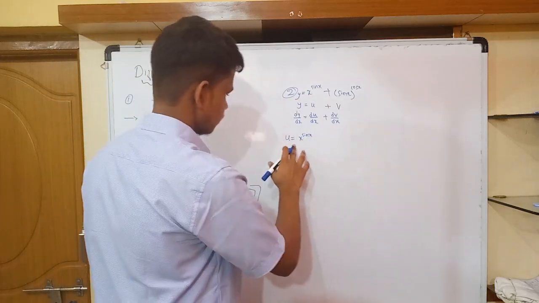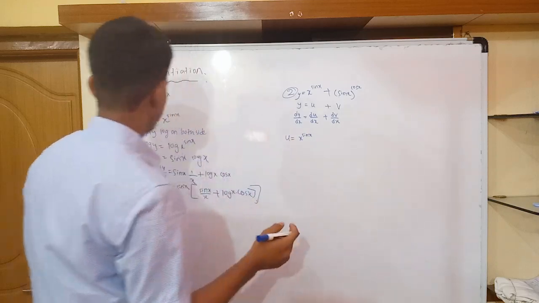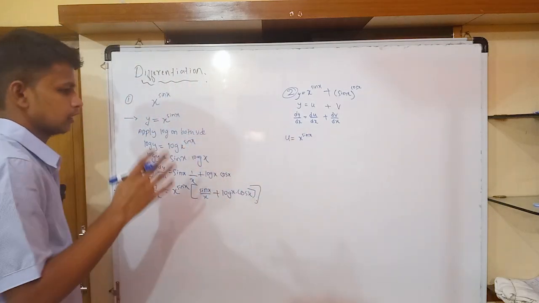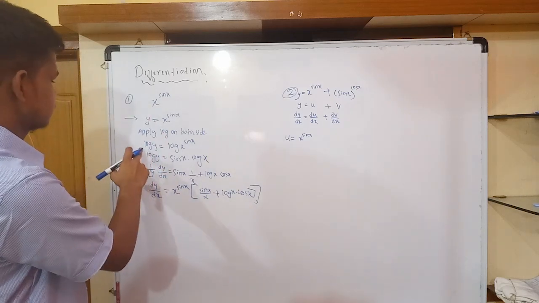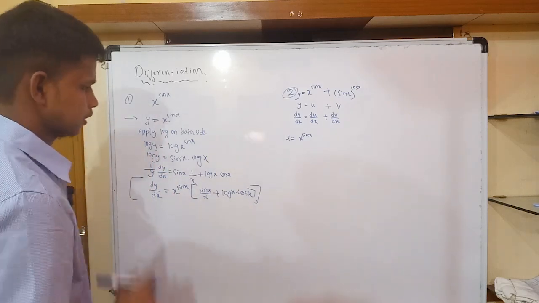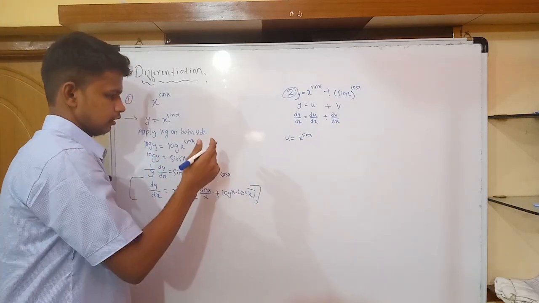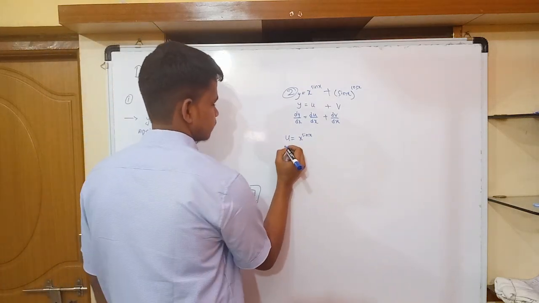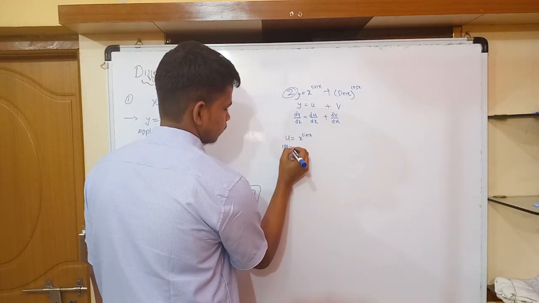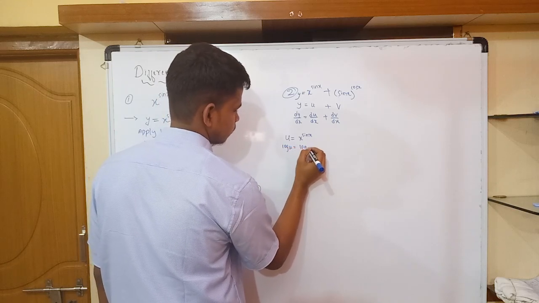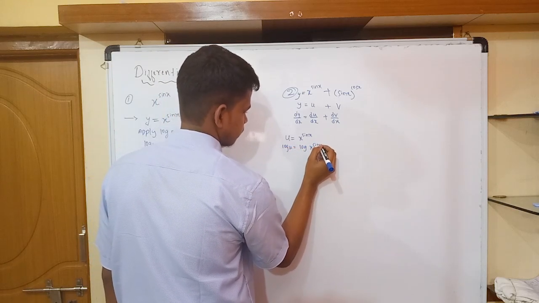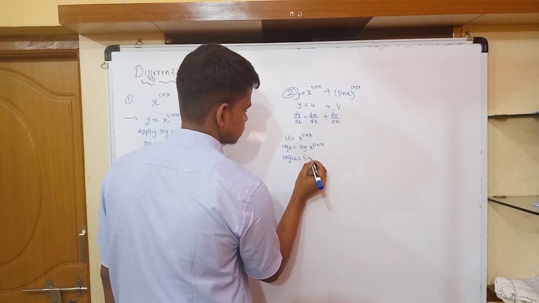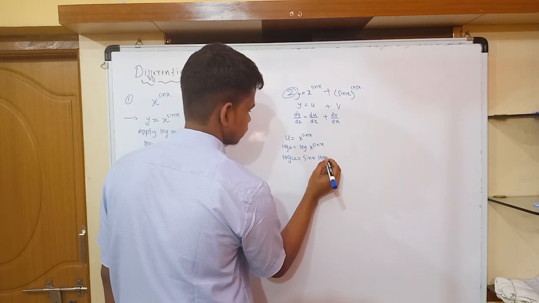Here if we apply log, I have already found this because I took that example to show how the questions may come. We have already got this answer, but I am going to write it one more time. We apply log: log u equal to log x raised to sin x, so log u equal to sin x into log x.